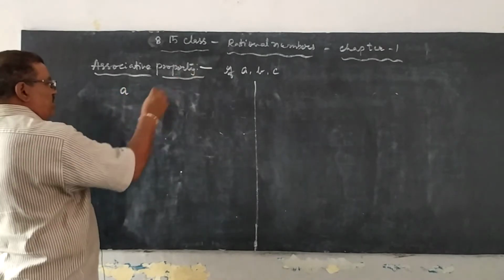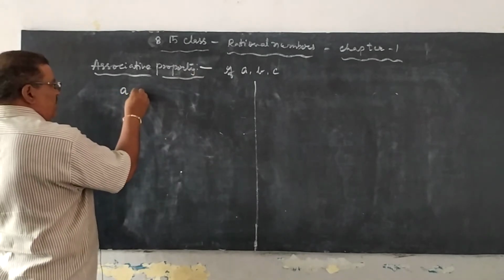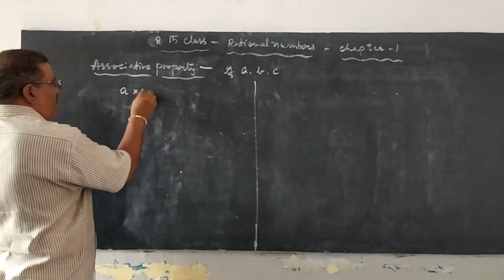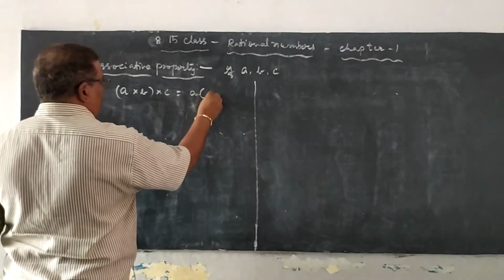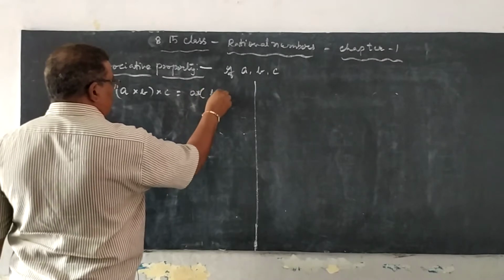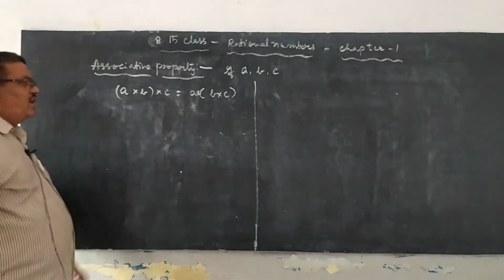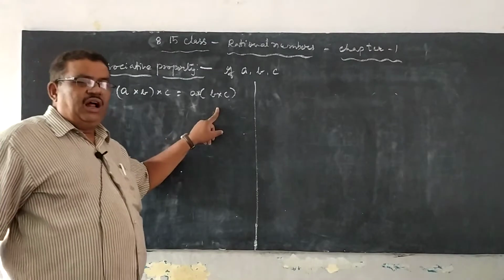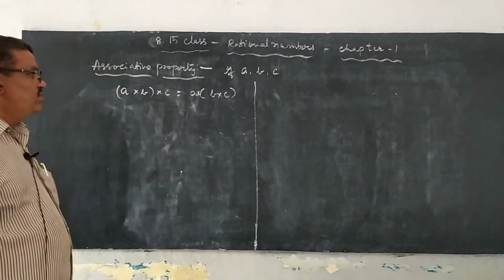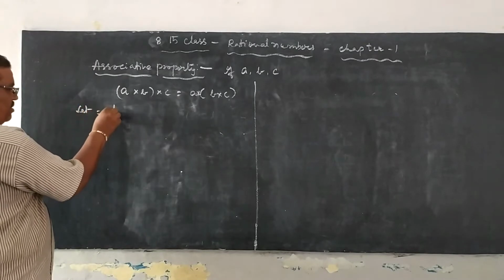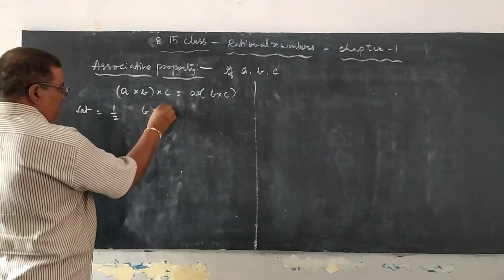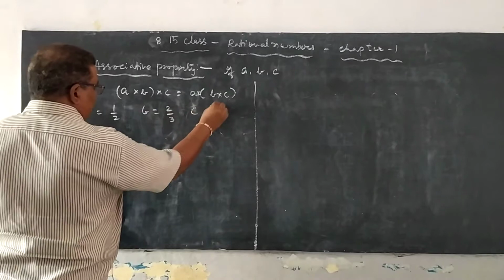A, B, C are three numbers, A into B, into C equal to A into, B into C. This is said to be the associative property under multiplication. Let A be 1 by 2, B is 2 by 3, C is 3 by 4.